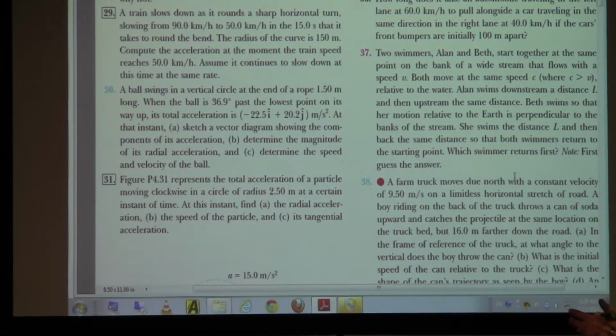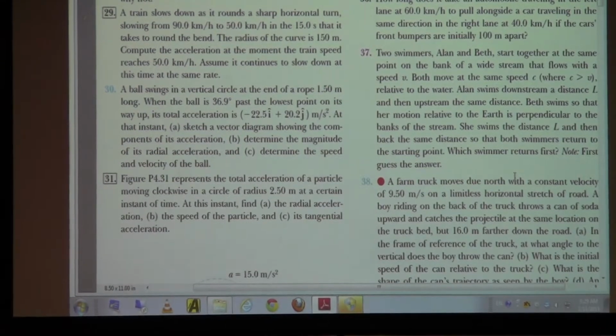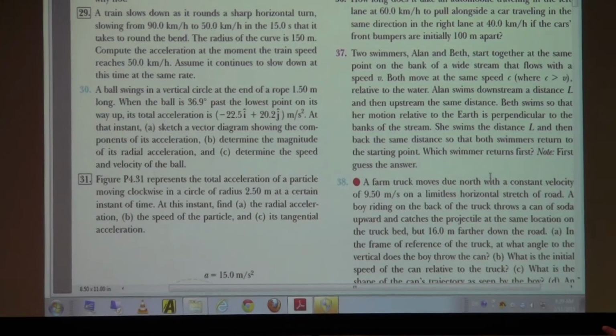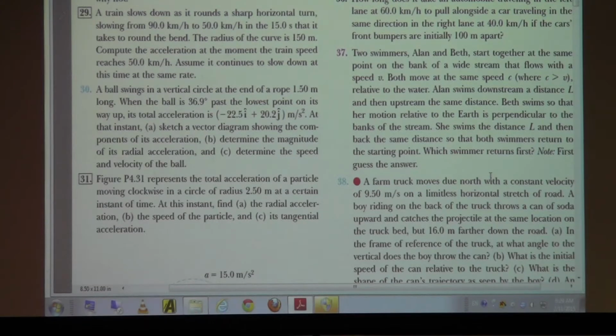Here we have a train that slows down as it rounds a sharp horizontal turn, slowing from 90 kilometers per hour to 50 kilometers per hour in 15 seconds. The radius of this curve is 150 meters.